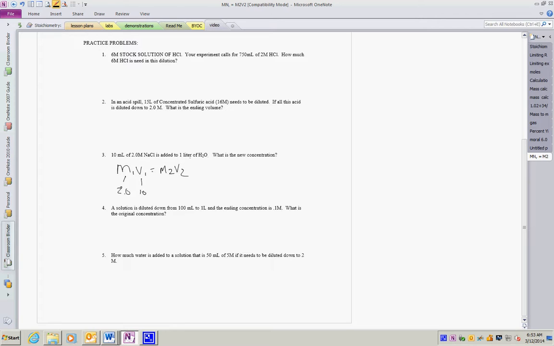Now, a liter is equivalent to 1,000 milliliters, plus the 10 I originally have is 1,010, giving me an ending volume of 1,010, and simply solve for this here. At this point, plug in your calculator, I got 0.019 moles per liter.